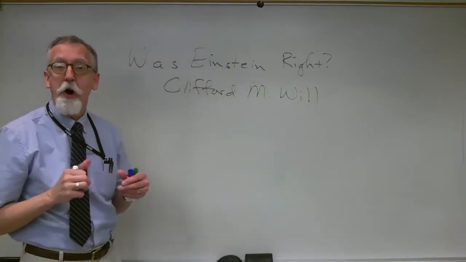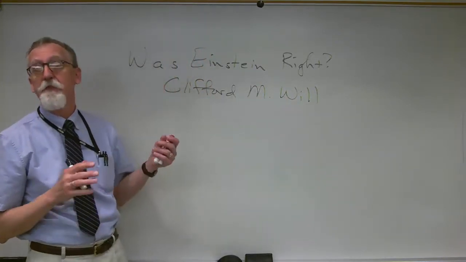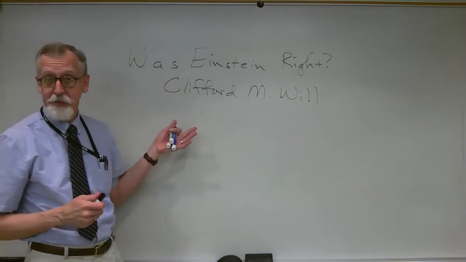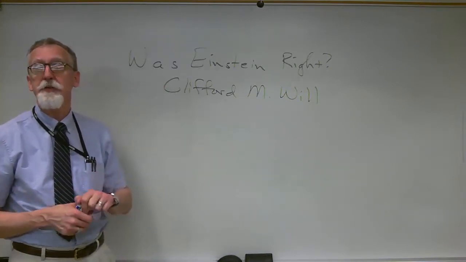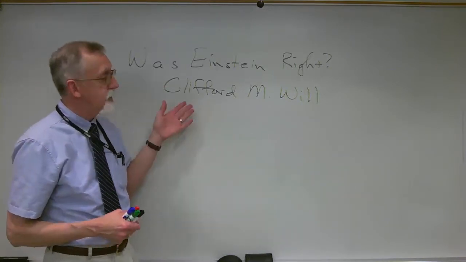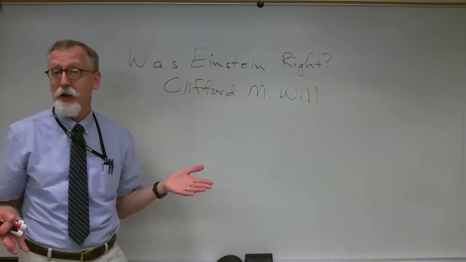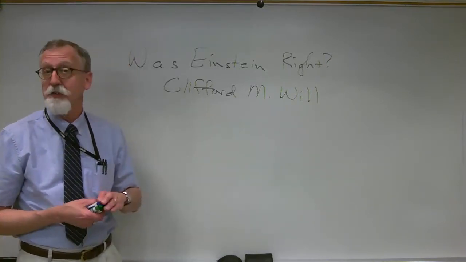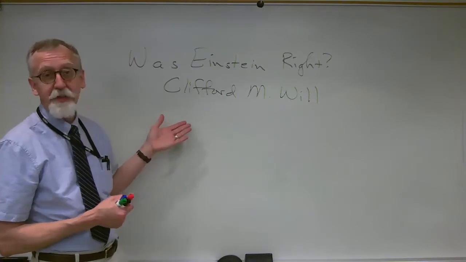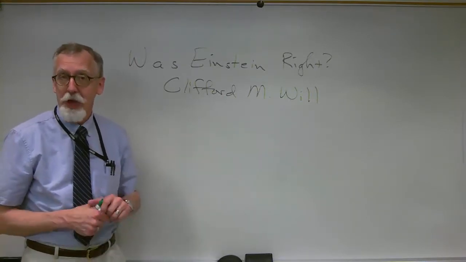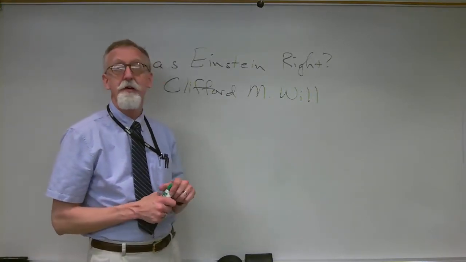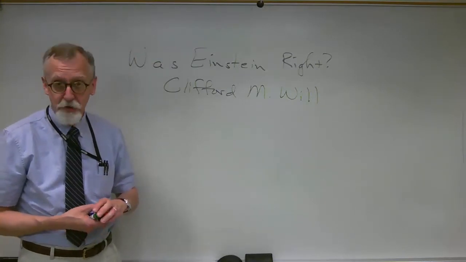And this book is all about experimental verifications of Einstein's theories. So what kind of experiments have been done to demonstrate the accuracy of these sorts of things, like the fact that delta t is equal to gamma times delta t naught. The fact of the matter is that has been experimentally verified.